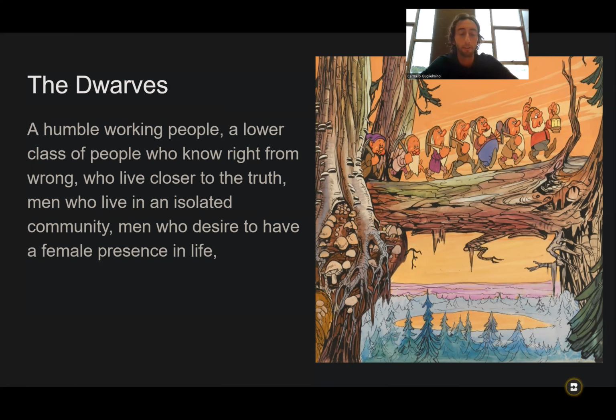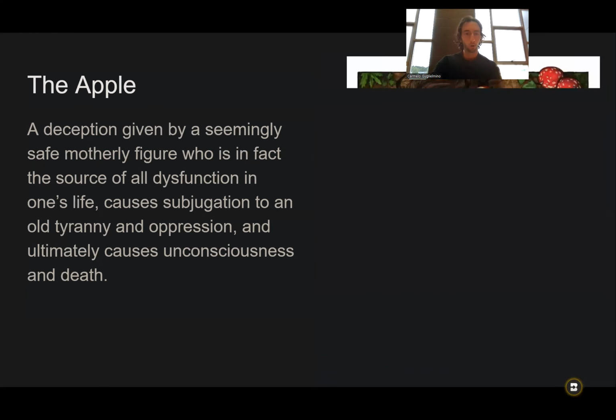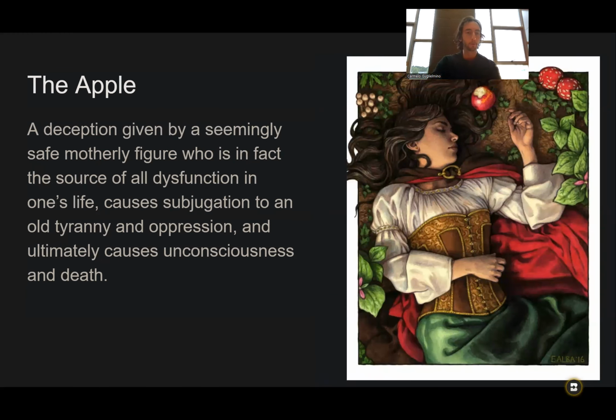Men who desire to have a female presence in their life. That sounds Jungian. That sounds like people who want to integrate some of that anima spirit into their lives. Absolutely. Okay, that's the dwarves. The apple, right? The poisoned apple.